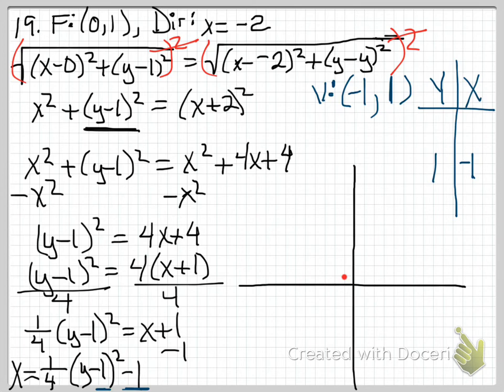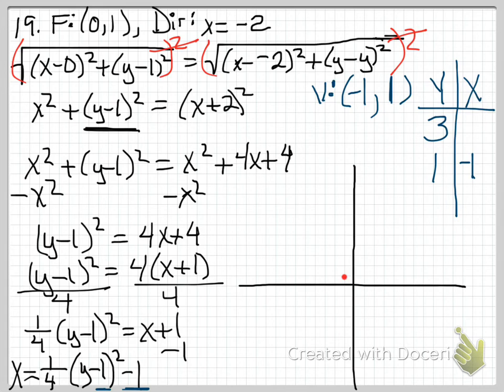Remember, x is negative 1, so we have to put that in the x column. The y is 1, that's our independent variable, so that goes into the y column. Right now, so what if y is 3? When I put 3 in for y, 3 minus 1 is 2.